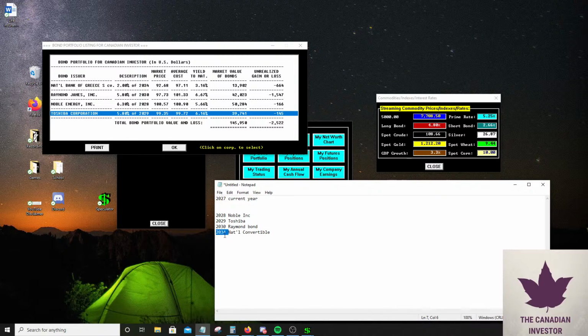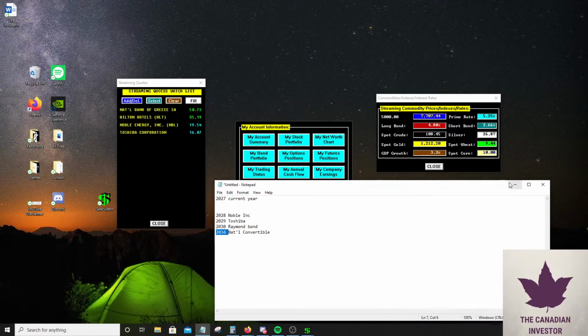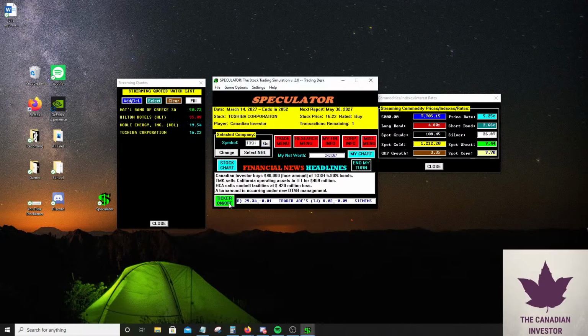So right now, I'd say that we're pretty good when it comes to our interest rate risk in this game. If interest rates were going up, we'd be pretty good. And our cash, we're about 90 something thousand. So I'd say that we're pretty liquid when it comes to everything. If interest rates were to go up, we're not going to be super hurt. Whereas with the other strategy I was doing, I was getting hurt by interest rates a lot.